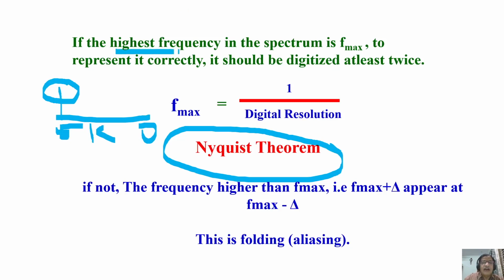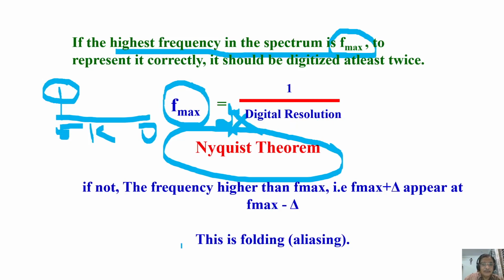If the highest frequency in the spectrum is F maximum, and I have to represent it correctly, and not only that, all the frequencies lower than that will be represented correctly, then digitization should be such that F maximum should be at most 1 over 2 times the dwell time, that is, at least twice digitized.